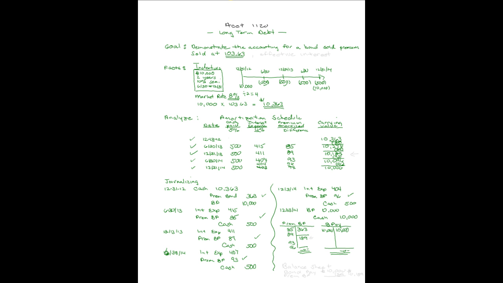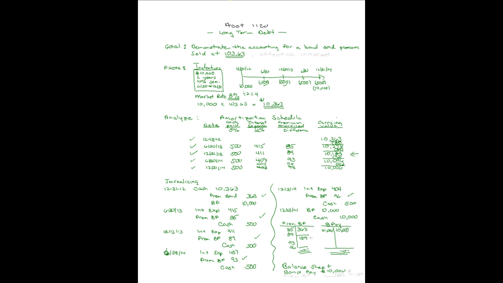How does it look on the balance sheet? Well, the balance sheet under long-term debt would show the bond payable at $10,000 the entire time. I want to come in and see what it would look like on 12/31/13, right here.